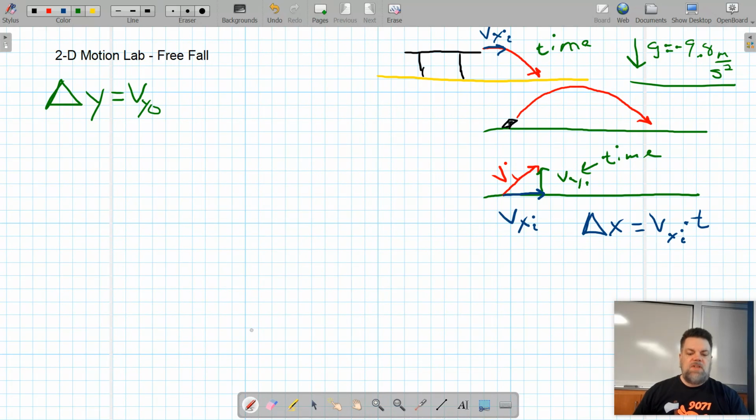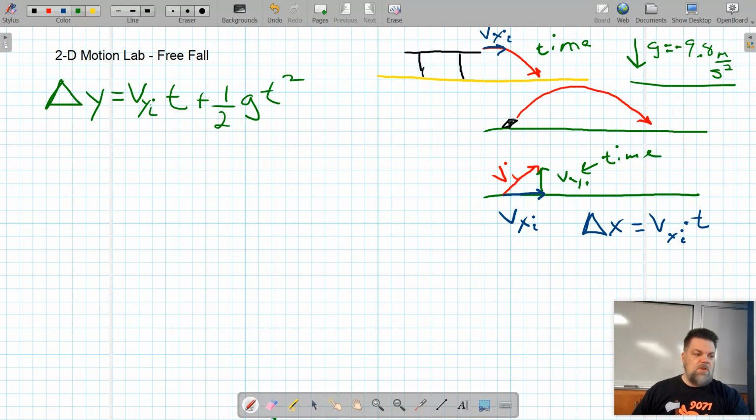Oh, shoot, I don't want to do it that way. I'll use the initial. So we'll say Vy initial times time plus 1/2 times the acceleration due to gravity. So I'm just going to put g times time squared. Okay? I'll give you guys a second to write that down.